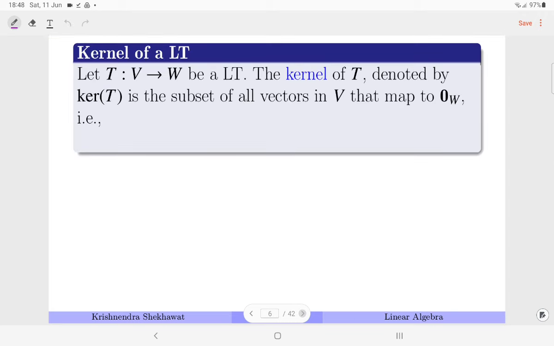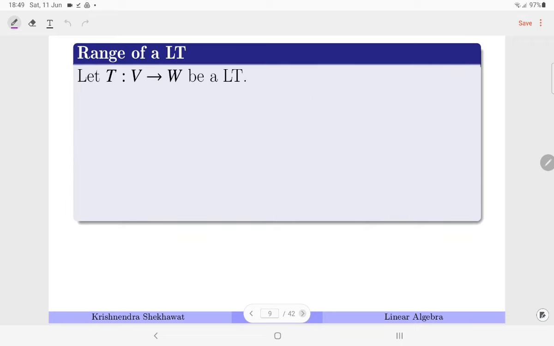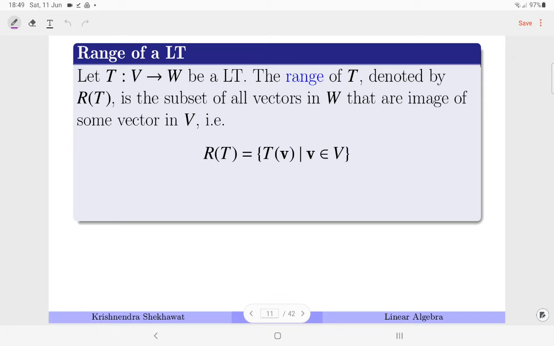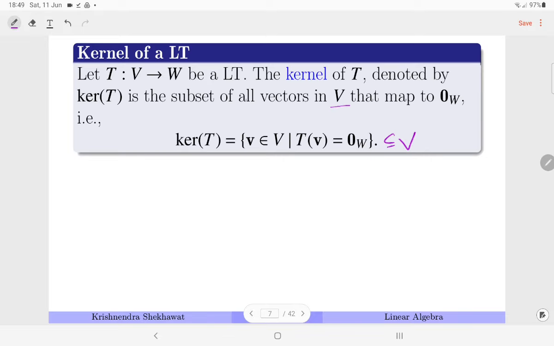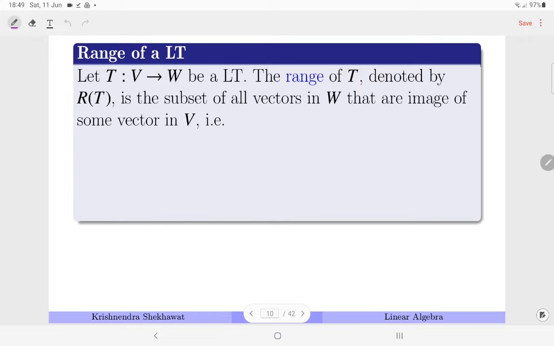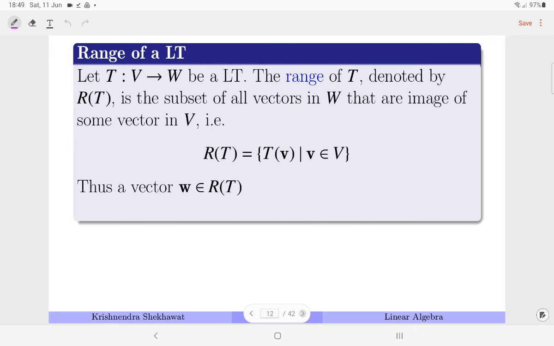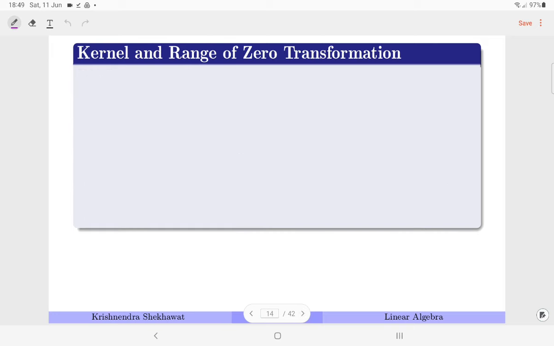So, the kernel of a linear transformation is defined as a subset of V where the images of all the vectors is the 0 vector of W. So, all those v in capital V such that T of v is equal to the 0 vector, and the range is defined as T of v such that v belongs to capital V. So, range of T is a subset of W, while the kernel of T is a subset of V. We will even see that kernel T forms a subspace of V and range T forms a subspace of W. So, let us see some quick examples.